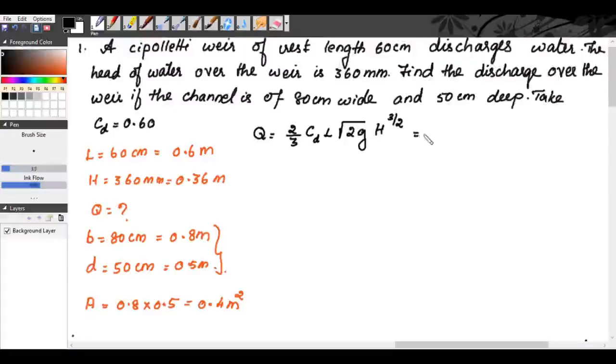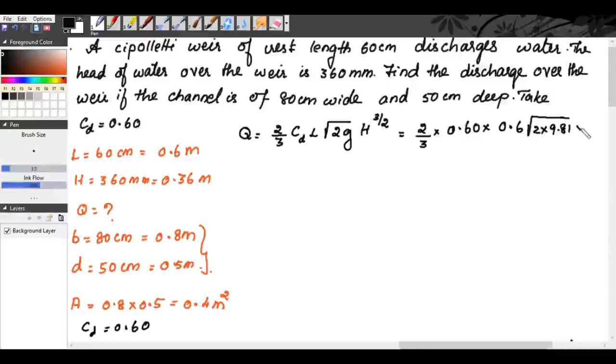Substituting the values, we get 2 by 3 into CD, which is 0.60, multiplied by L, 0.6, into root of 2 into 9.81, into H raised to 3 by 2. H is 0.36, so 0.36 raised to 3 by 2. So we get Q equal to 0.2296 meter cube per second.